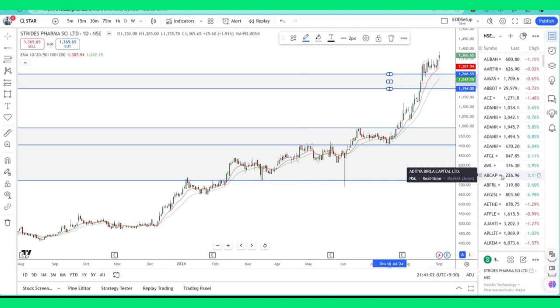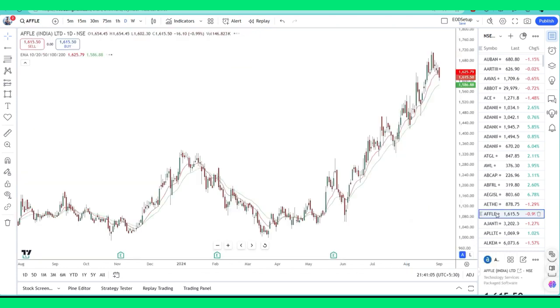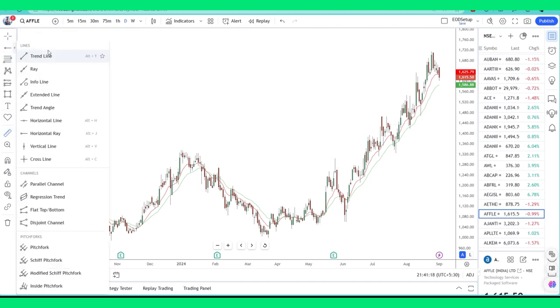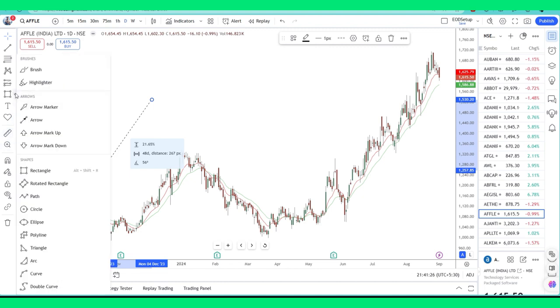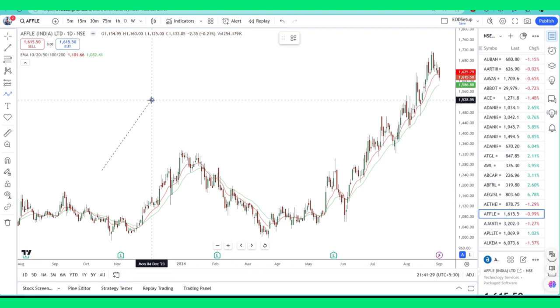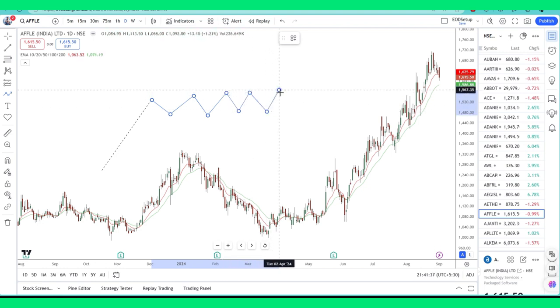Now we can look at several stocks like this and go to the past and check where they have consolidated. Basically the idea is you find a stock which is creating new highs, and then what stocks generally do is they consolidate around that level for a few weeks, generally 2 to 3 weeks, or it could be 2 to 3 months.